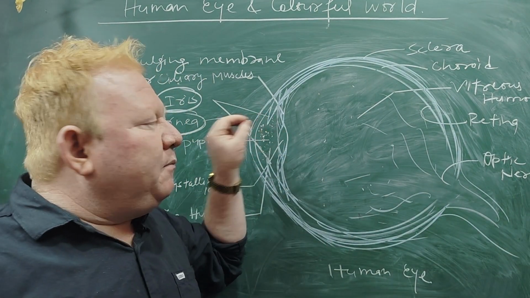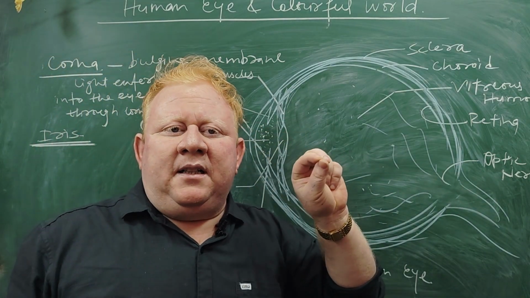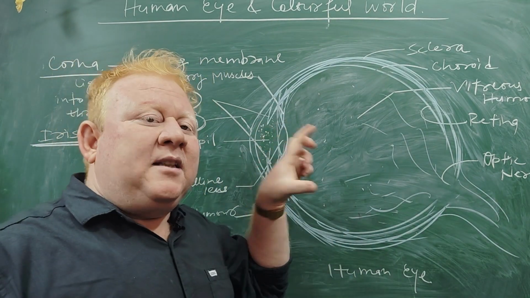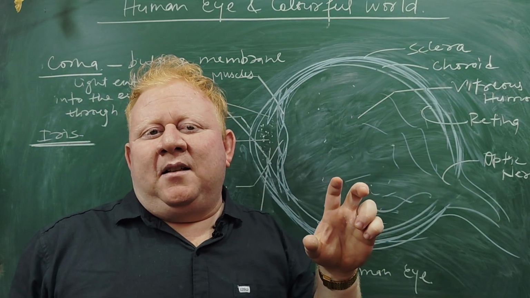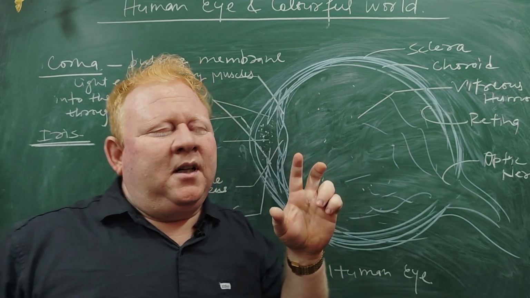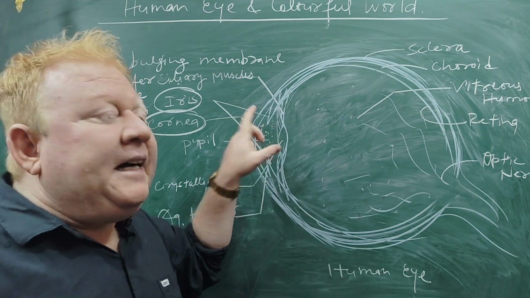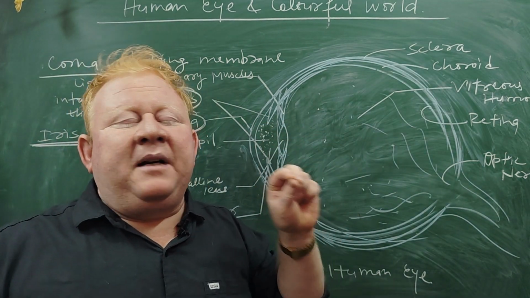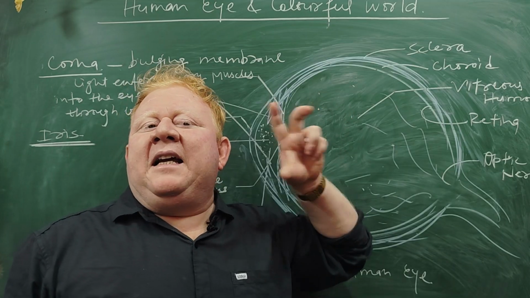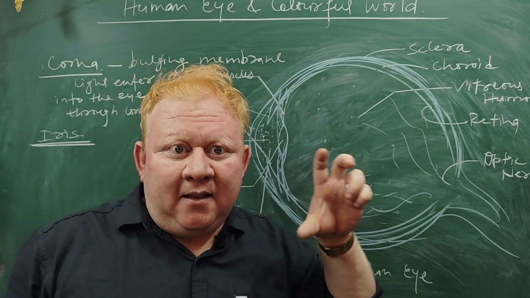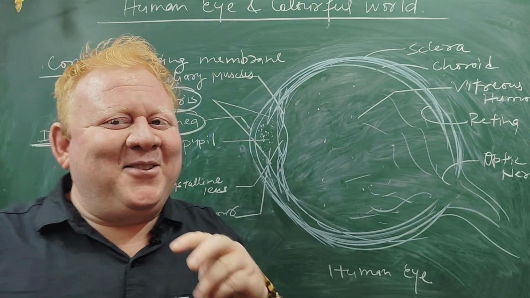Suppose blue colored pigment is there inside the iris, so that eye will look like a bluish eye. Suppose red pigment is filled into the iris, so it will be a reddish eye. Are you getting me?